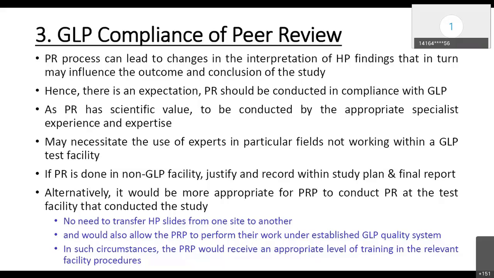That is the expectation of OECD, that peer review should be done in GLP. But when the pathologist is working in a facility which is not GLP, we may not transfer slides to them, but in those cases we can train them in such a way that it leads to compliance. Next one.